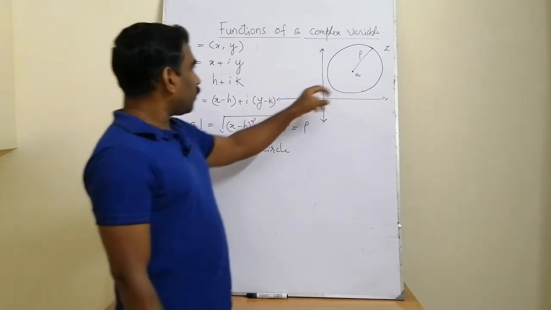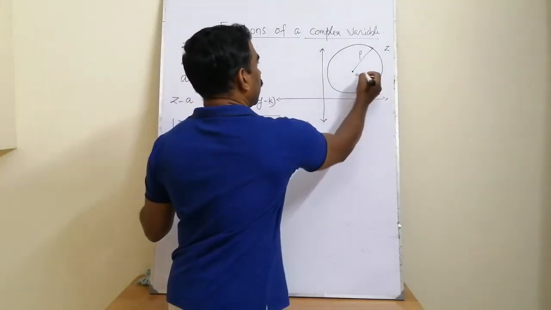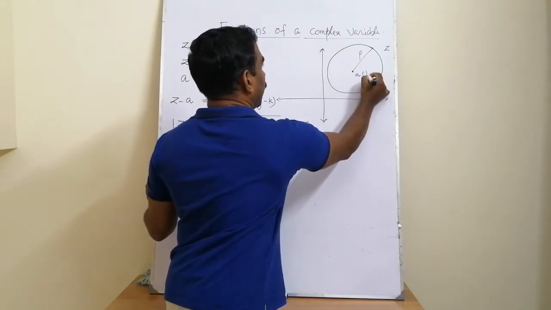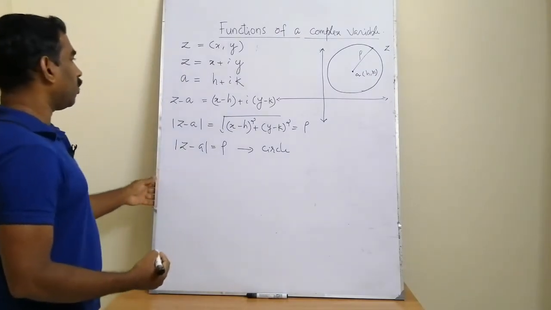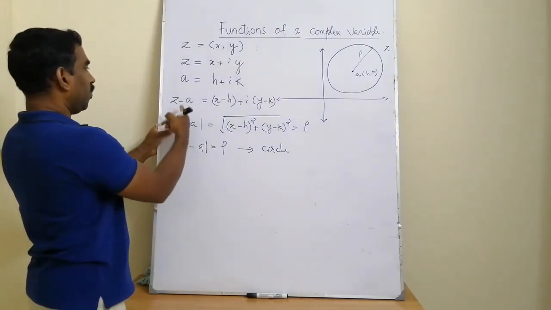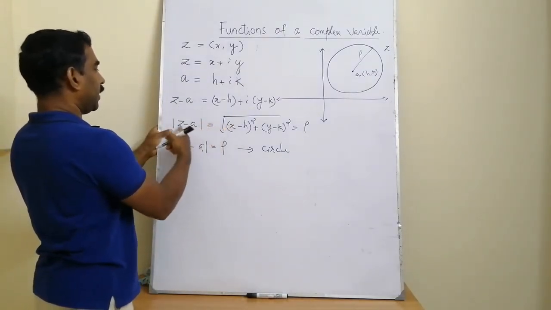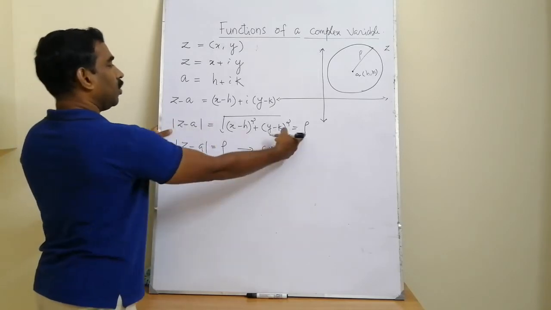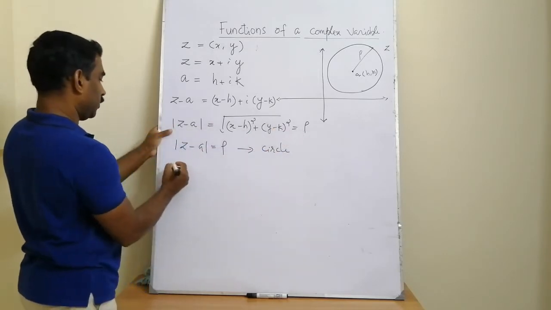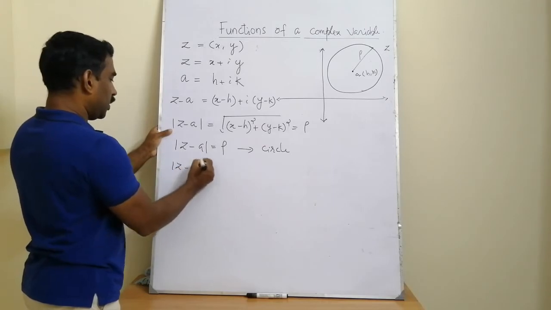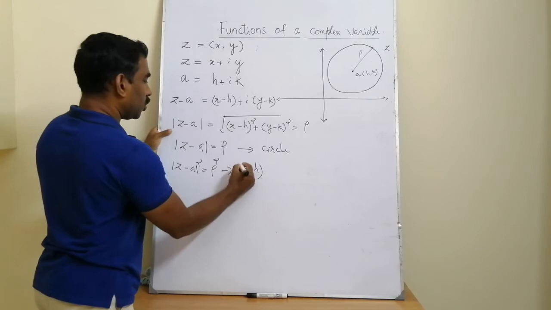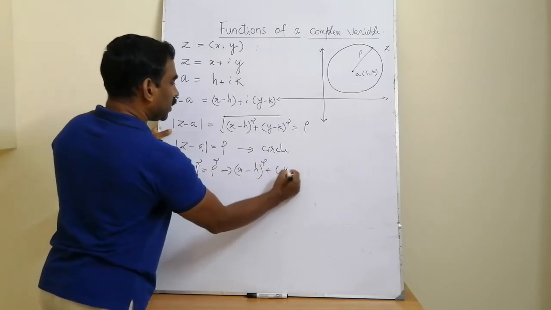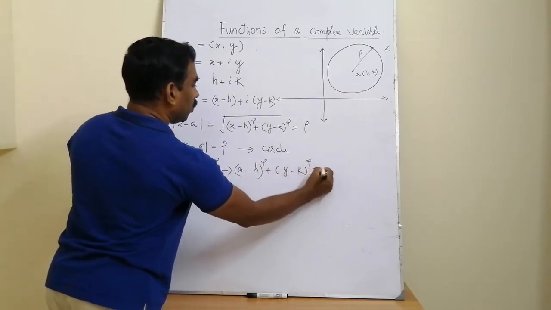And we know the equation of a circle with the center at a, meaning the coordinate (h, k), and having radius rho. In Cartesian coordinate system, that equation becomes, if you are squaring this, mod z minus a whole square is equal to rho square. That is, mod z minus a square equal to rho square implies (x minus h) the whole square plus (y minus k) the whole square equal to rho square.